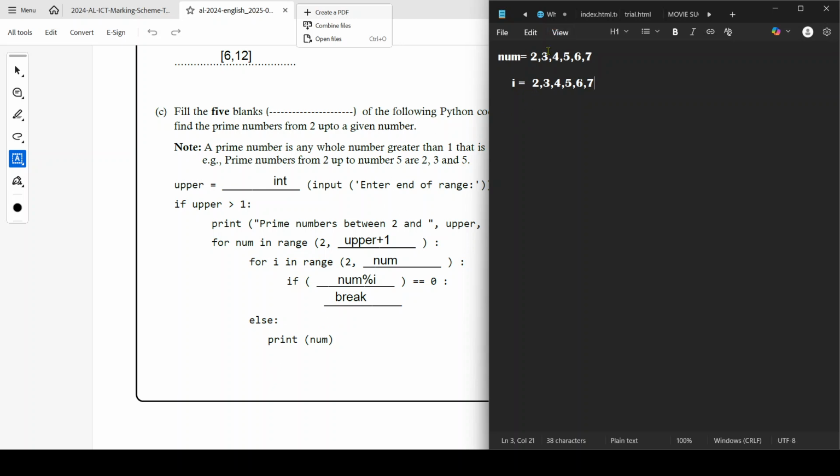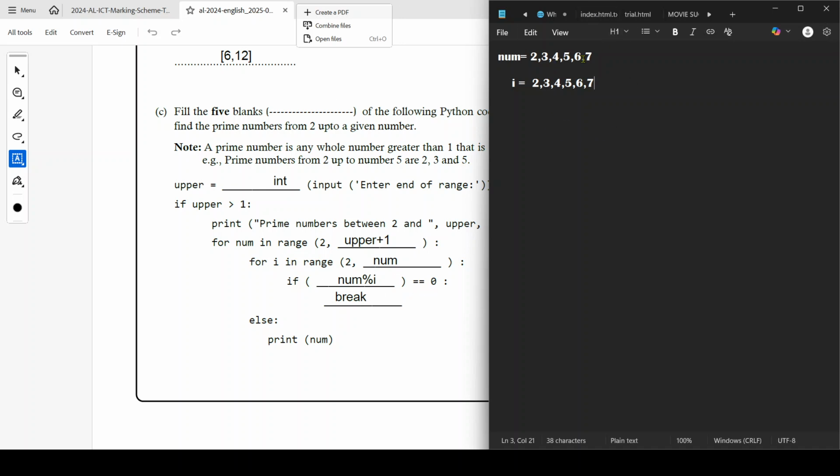Then 3, what is the smaller number here? 2, so it will divide by 2, but the mod will be 1. So it will print. Then 4: what are the smaller numbers? 2 and 3. It divides by 2, so the mod comes as 0, so it will break.